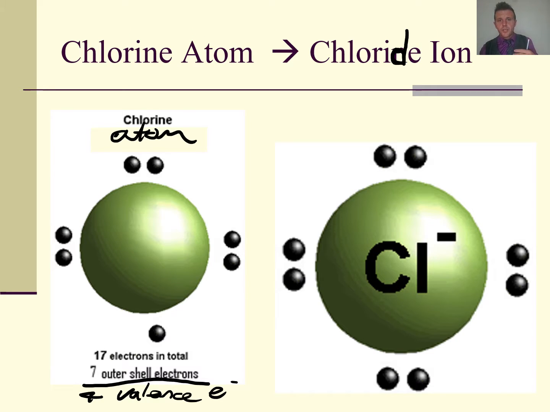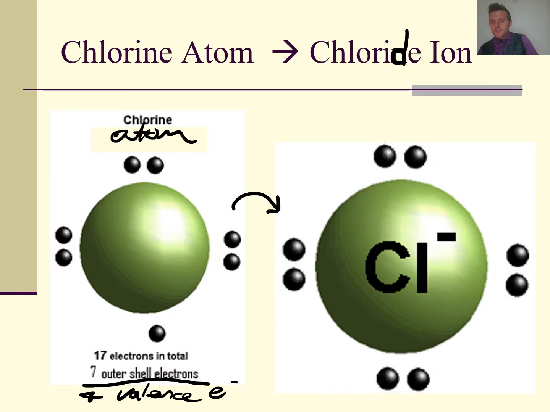Atoms want to attain a noble gas configuration. In other words, they want to have a complete octet. In other words, they want 8 electrons on the outside. Almost always they want to get to 8 electrons on the outside. And we see that here.